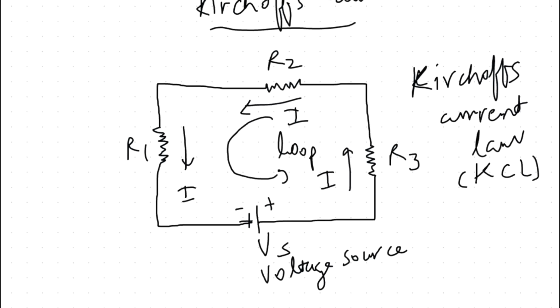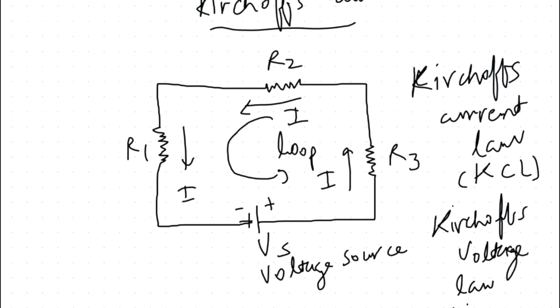So at a particular junction, our sum of currents will always be zero. And in KVL, which is Kirchhoff's voltage law, the sum of voltages in a loop is always zero.